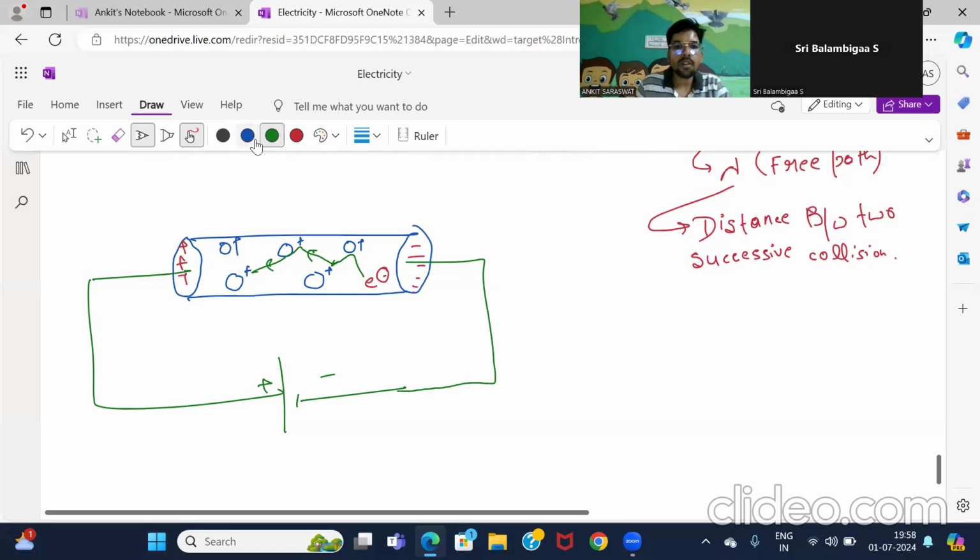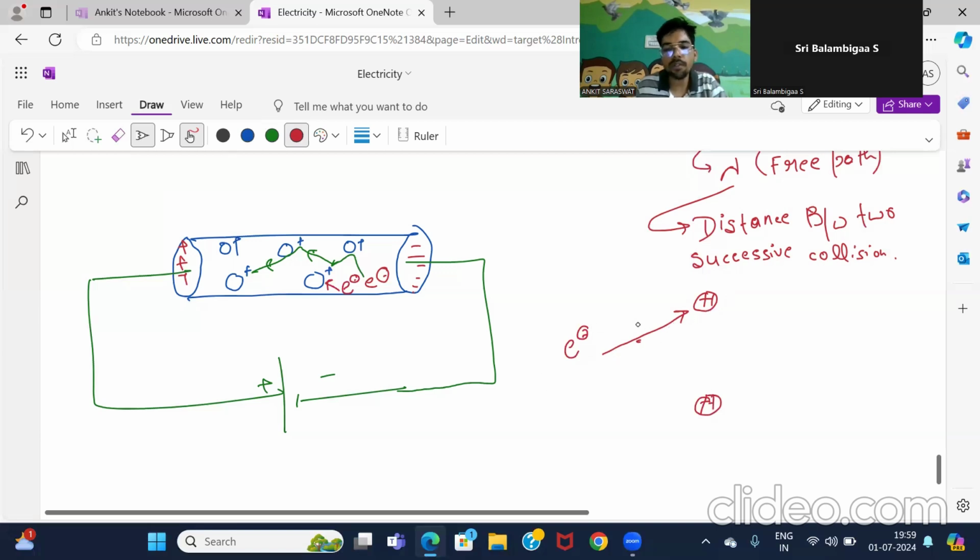Any doubt? Now, there will be many electrons. Clear? This is one electron. It is going to collide with this. There is one more electron that collides with this. So, if I take a certain instant of time, if one electron is colliding with one of the kernels like this, and there is one more collision, after colliding it will lose all the energy.